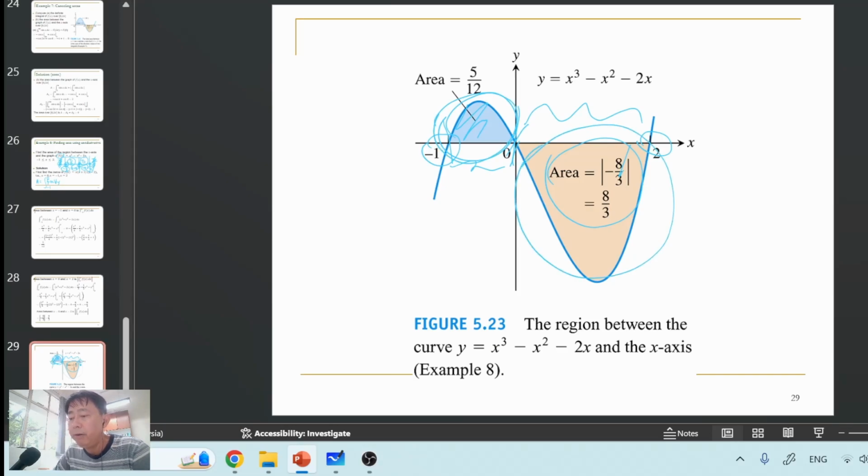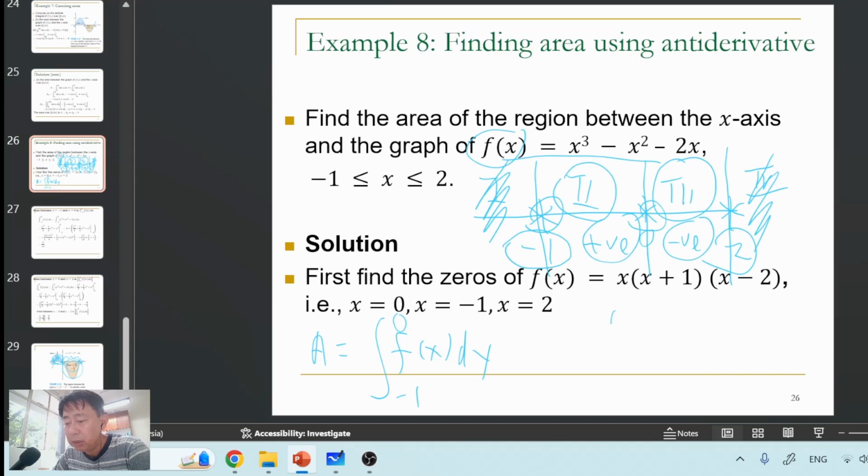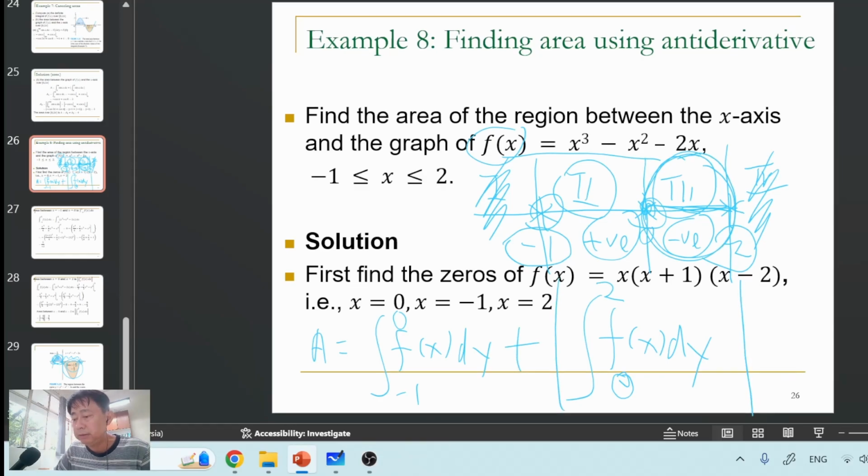For calculating the area bounded by the function between 0 and 2, what you have to do is integrate the functions from here to here, from x equals 0 to x equals 2. But you understand that the function is negative within this region. Therefore, the area contributed by this part of the function has to be placed inside a modulus.